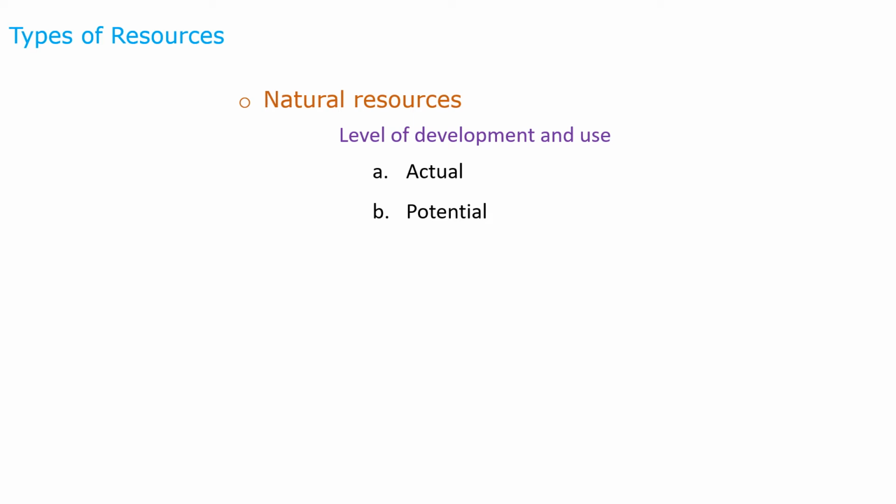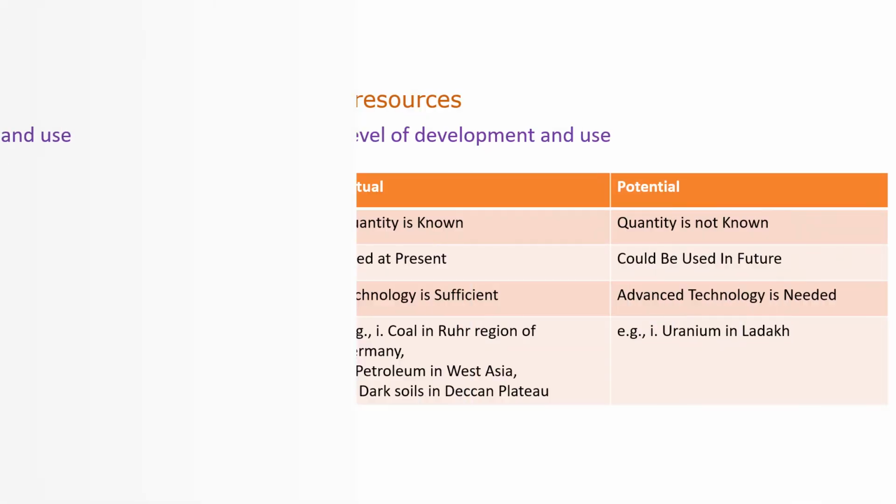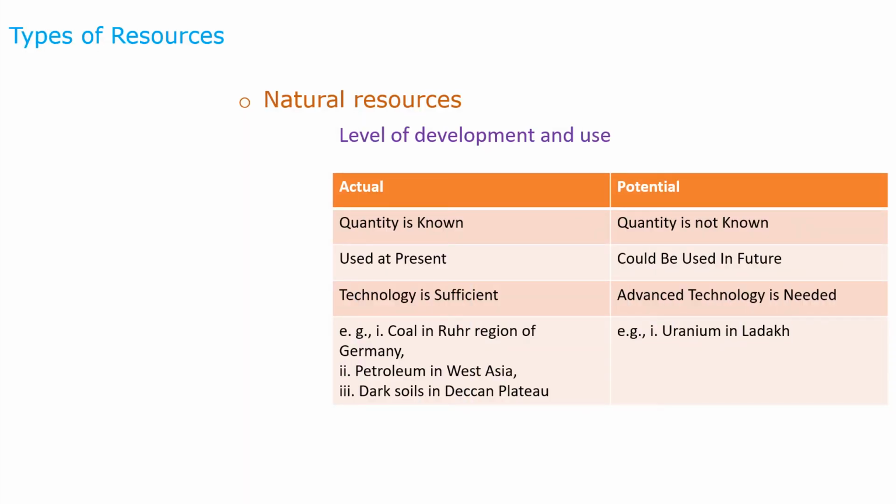To learn these two natural resources in depth, we have to learn through the differences. I have tabulated that in this slide. The resources whose quantity is known are termed as actual resources, and the resources whose quantity is not known are termed as potential resources.